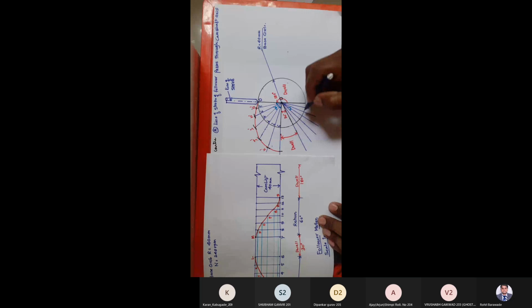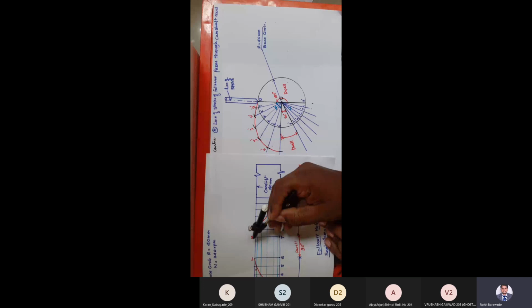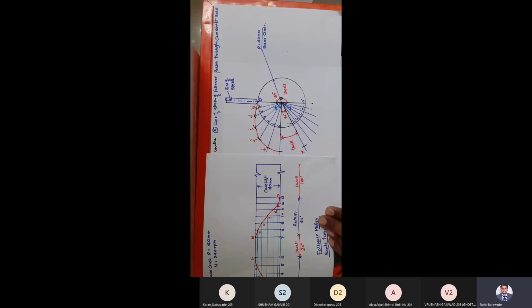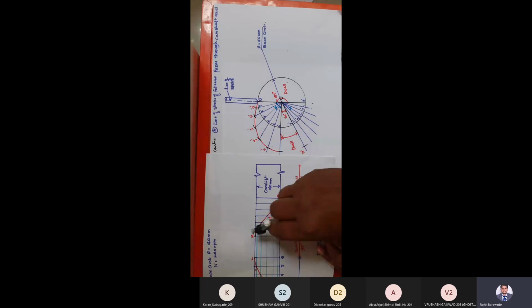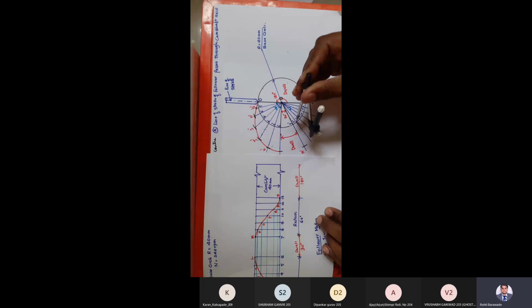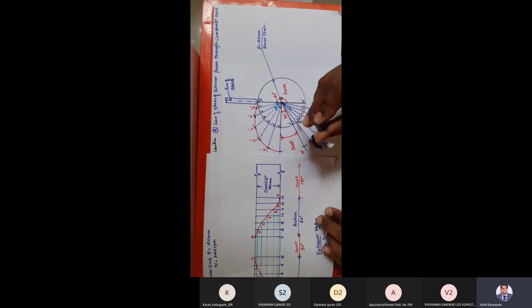So from 7 to M, I will take a distance from 7 to M and going up to 7 dash make an arc. This distance is 7 dash to M dash, right? Then next I will go from 8 point to N point. Here I will place at the 8 dash point and mark a point. This marked point is given the name N dash, right?